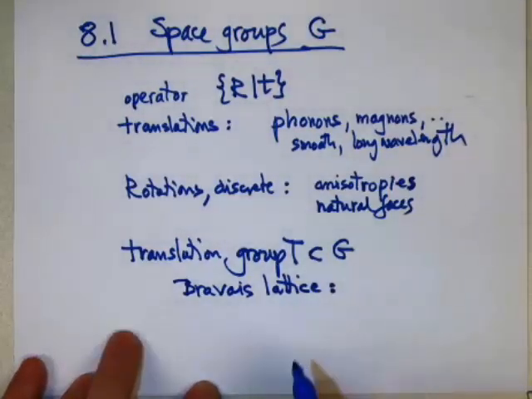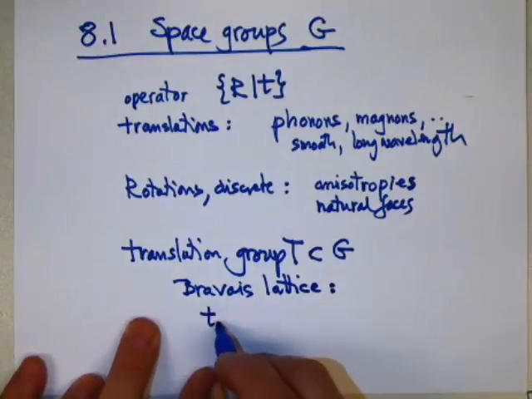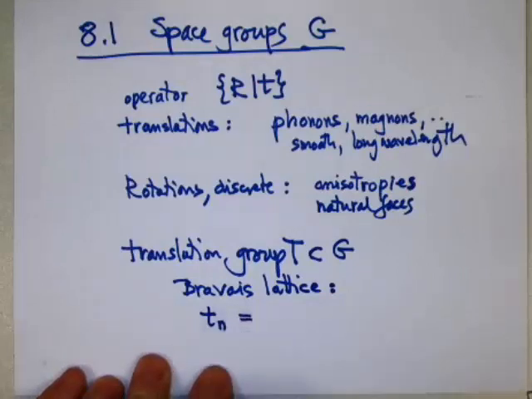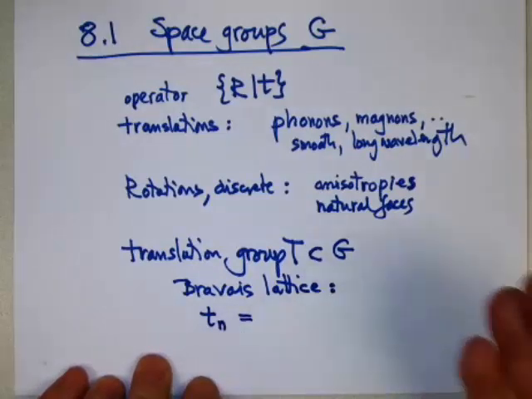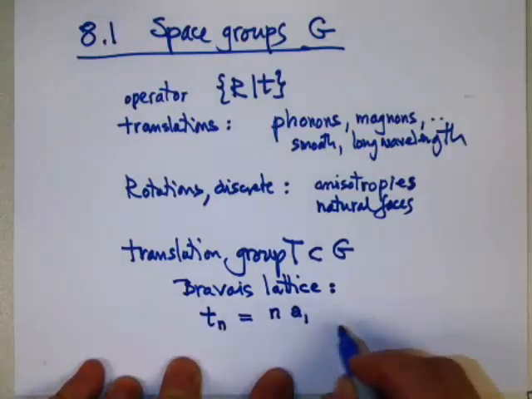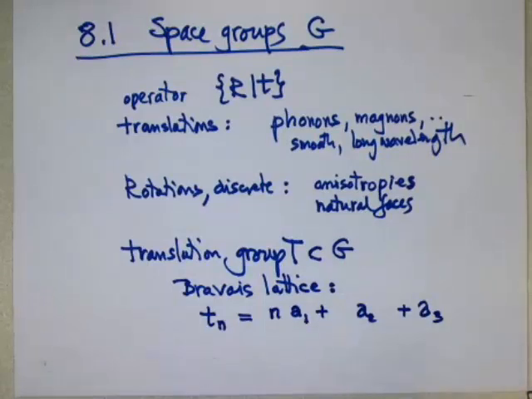But the index is an n-dimensional index, and they're characterized by unit directions. So n1 a1 plus n2 a2 plus n3 a3, where a is a lattice spacing, the shortest distance between the atoms in a lattice.